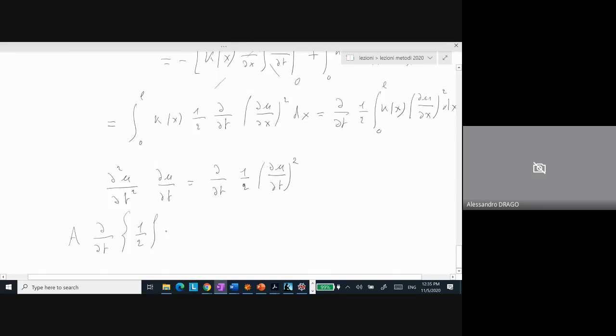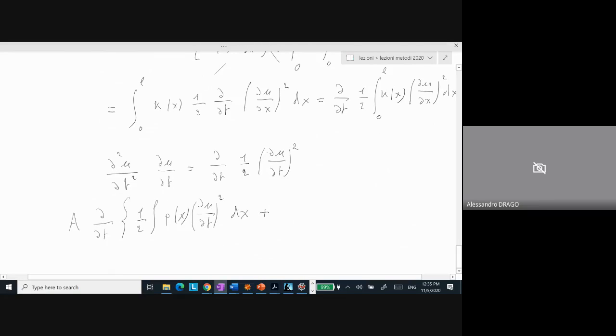Of the integral of rho of x du over dt squared dx plus the other term, which is the first that we were discussing, which is again something of the form 1/2 integral, and this is integral from 0 to L, of course, of the a I put in front of k of x, and I have here a du over dx square integrated dx.